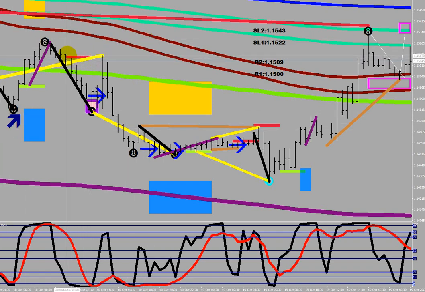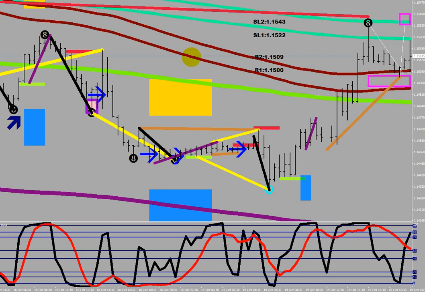Okay, so now we have this little red thingy up here, which is part of the God Awesome indicator by now. And what that is basically highlighting is an area which again is from the stochastic indicator.